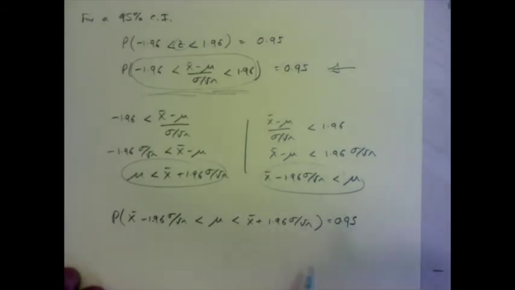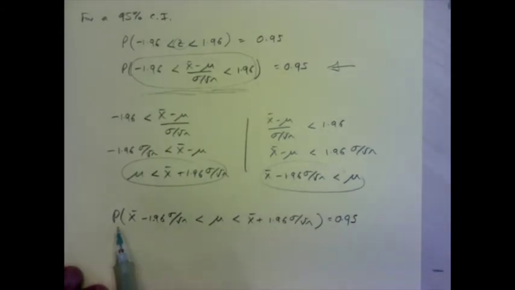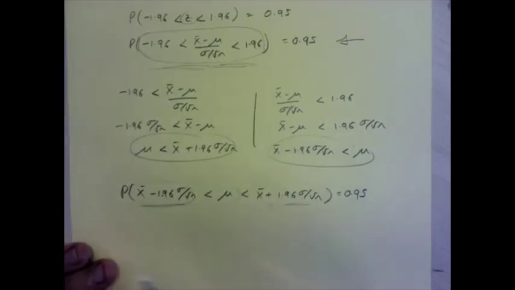And hopefully this will convince us that I'm saying the probability of the population mean being between these values is 0.95. Therefore, these are the confidence limits for a 95% confidence interval.